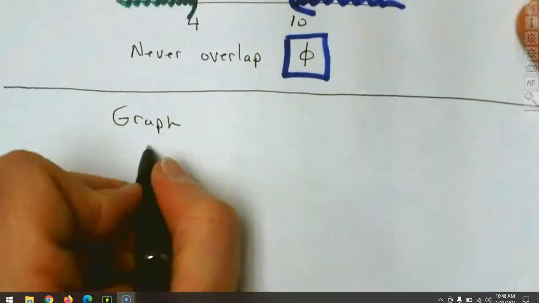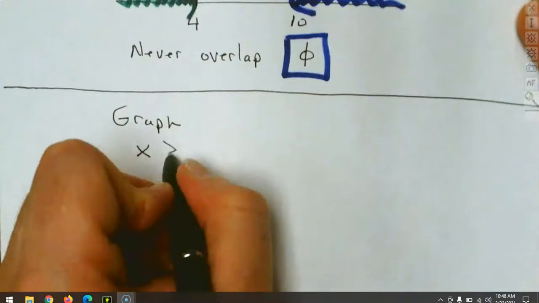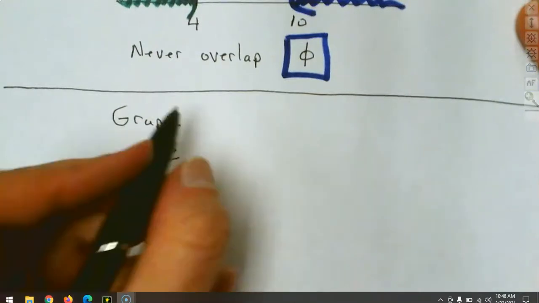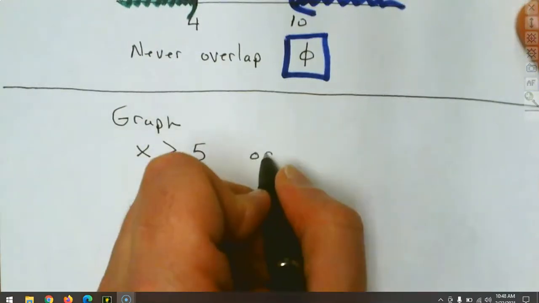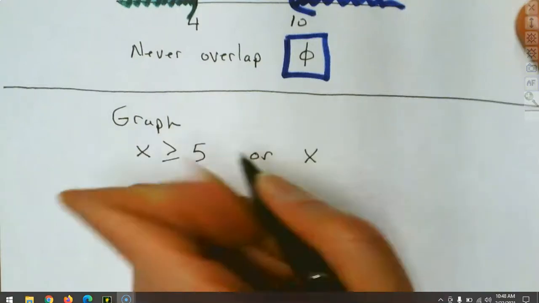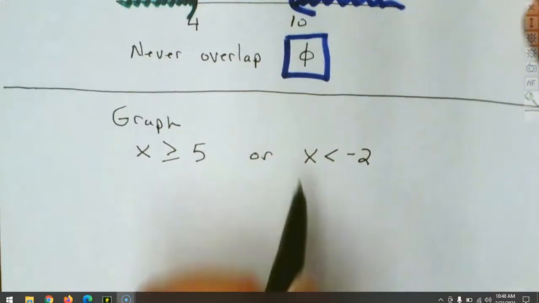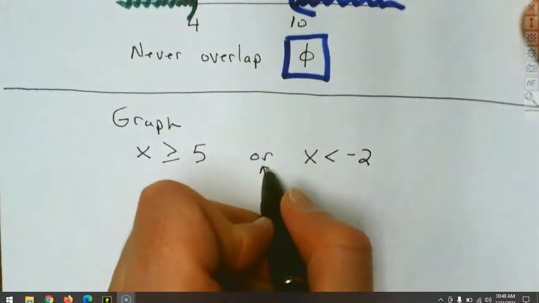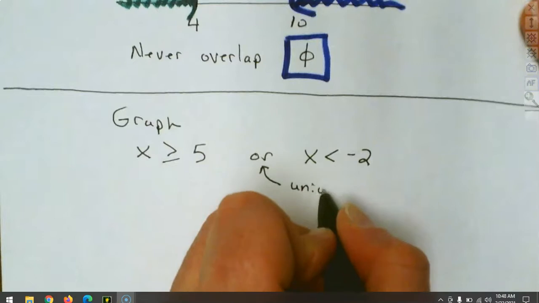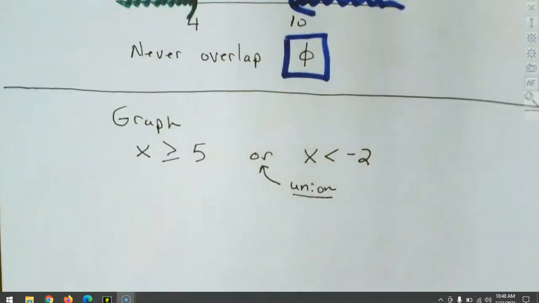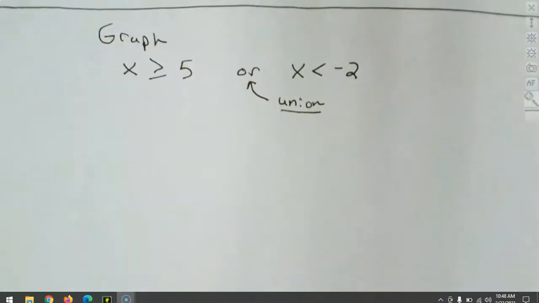So let's try to graph x is greater than or equal to 5, or x is less than negative 2. And an or, by the way, is a union. And so the or means we're going to put them together.